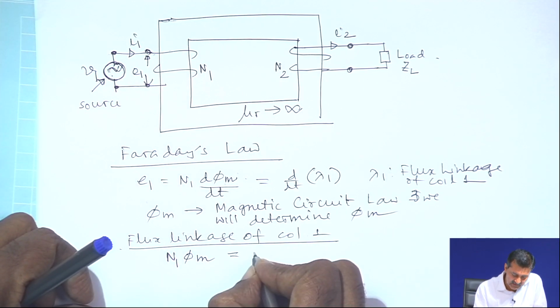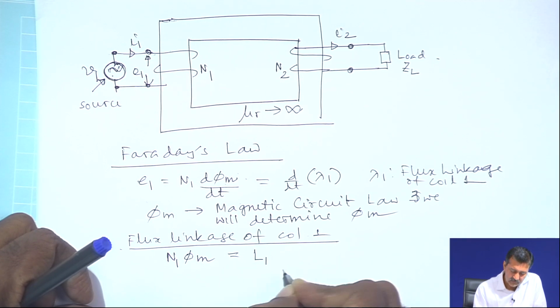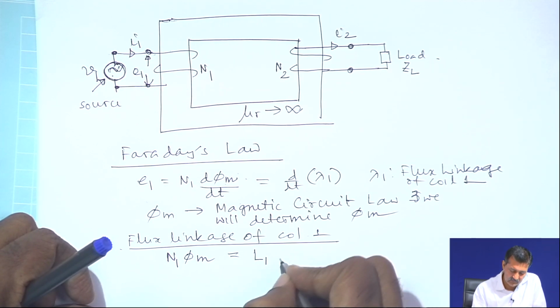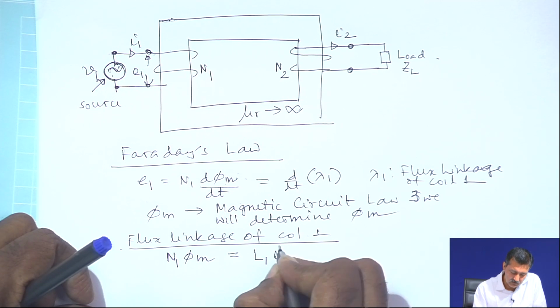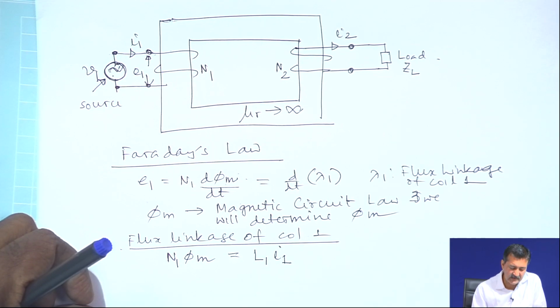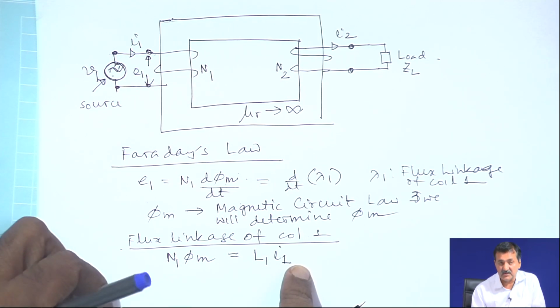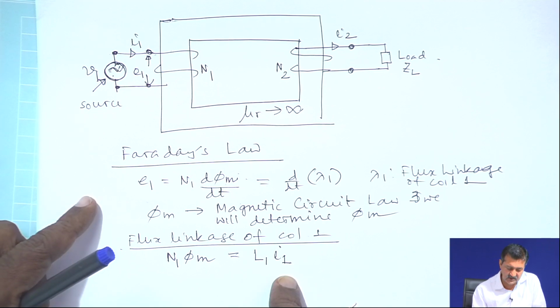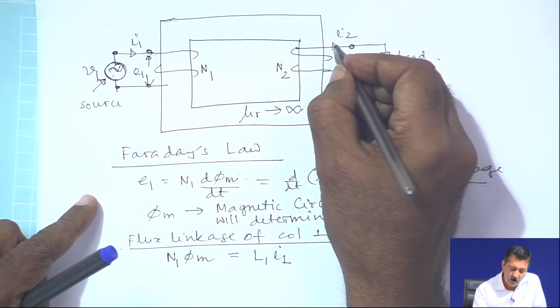So, if the coil inductance is L 1, which is equal to L m, then L 1 into I 1 is the current. I am writing an instantaneous equation. Please mind that this is an instantaneous equation, plus, or what is happening?